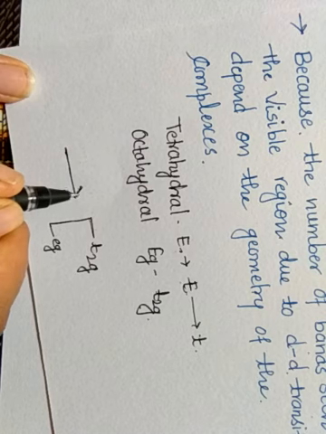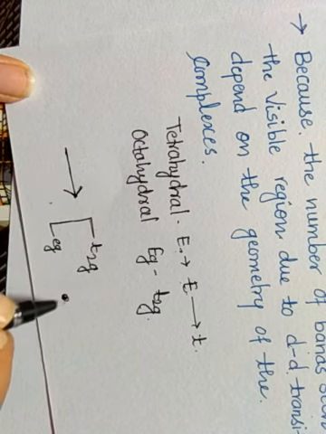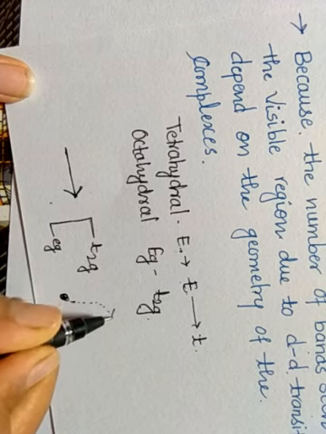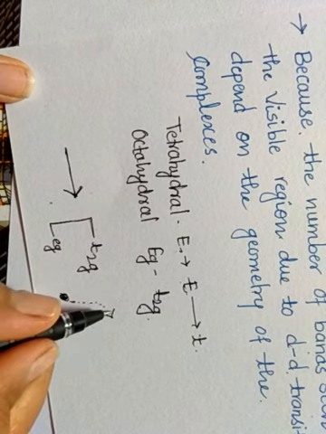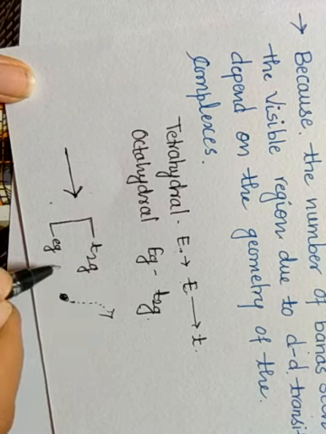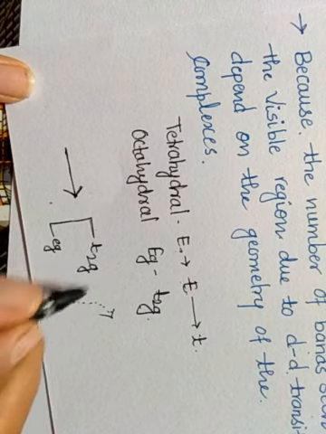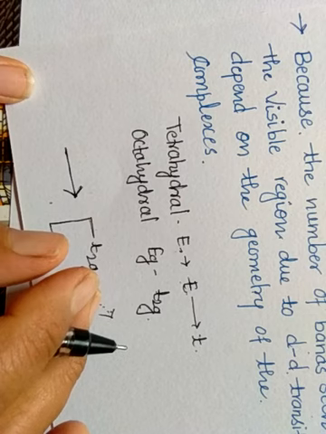When light passes, a particular electron present in the ground state gets excited and jumps from the ground state to the excited state, and at that time the color of that particular complex changes. We will deal with all of that in the d-d transitions part.